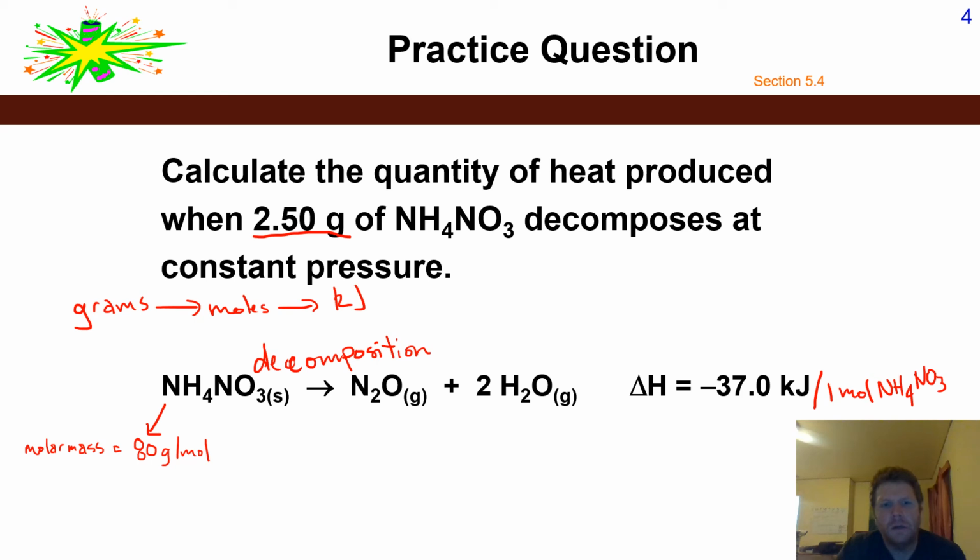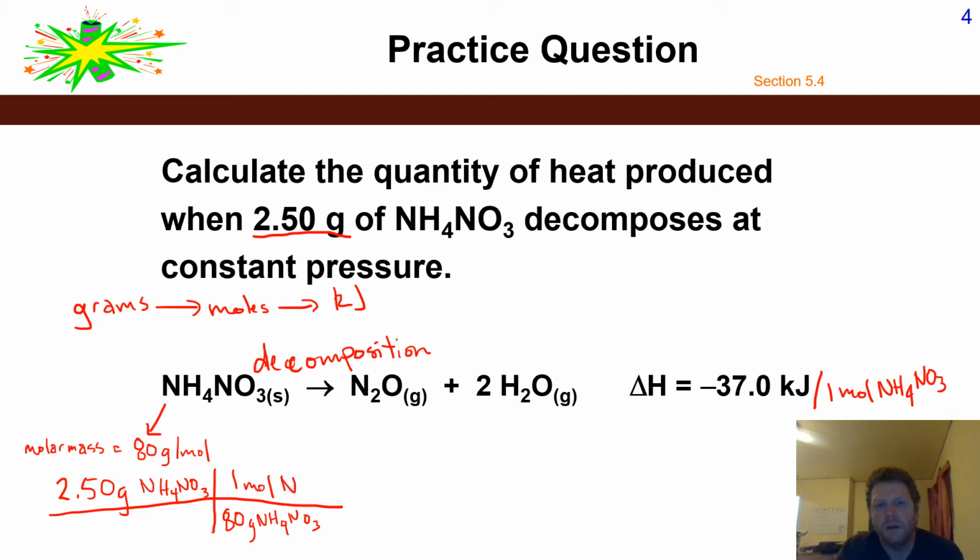What we need to do is look at this equation and put it in dimensional analysis. So 2.50 grams of NH4NO3, and the molar mass of ammonium nitrate is 80 grams per 1 mole of NH4NO3.